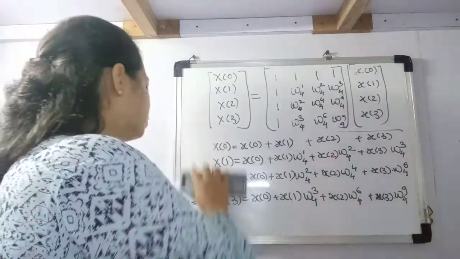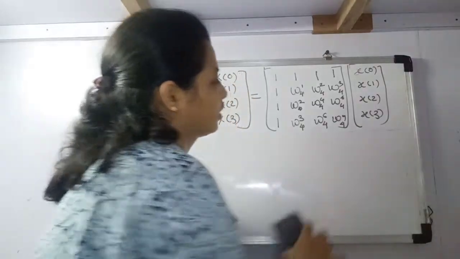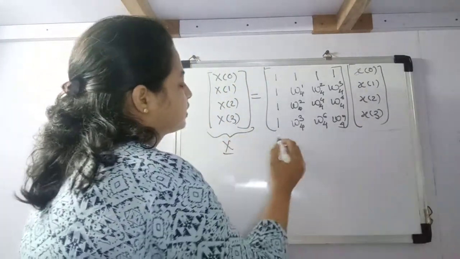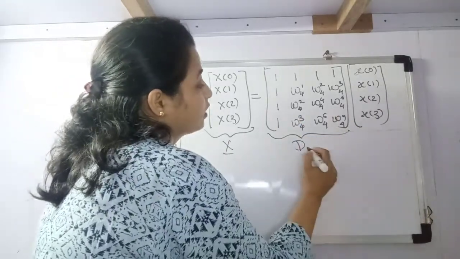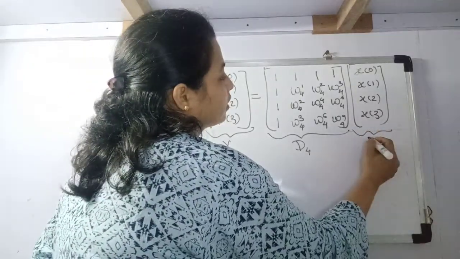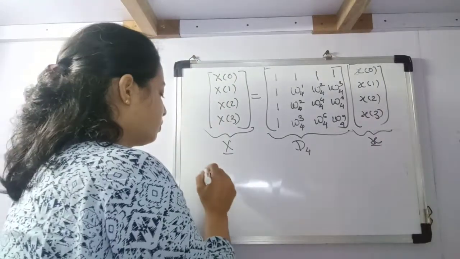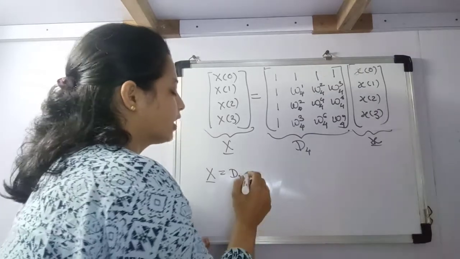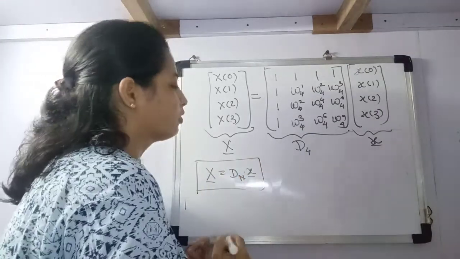Now we'll name this matrix. It is N by N, here 4, so we'll name it D4. Small x is the input vector. So the formula becomes capital X is equal to D_N, for the general case, into small x. This is the formula for calculating DFT.